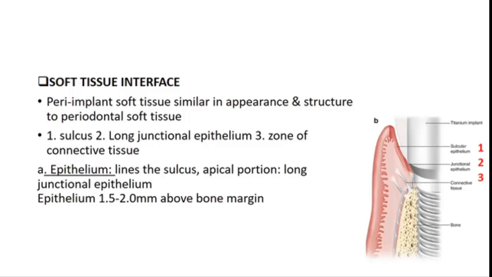So you see the diagram, you have a sulcus, you have a long junctional epithelium, and a zone of connective tissue. The first is the epithelium, which lines the sulcus and the apical portion and the long junctional epithelium. The epithelium is about 1.5 to 2 mm above the bone margin.